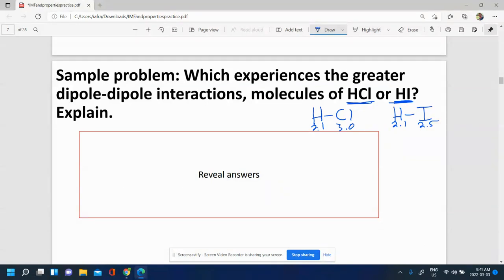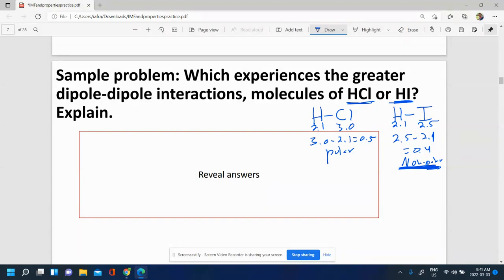So here when we do our difference, we're going to get 3.0 minus 2.1 gives us 0.9. So definitely a polar bond. And here we'll do 2.5 minus 2.1, 0.4. So this is actually non-polar. I mean, it's really close to being polar, really close. So let's assume that we're going to say that it's not a fully equal share.